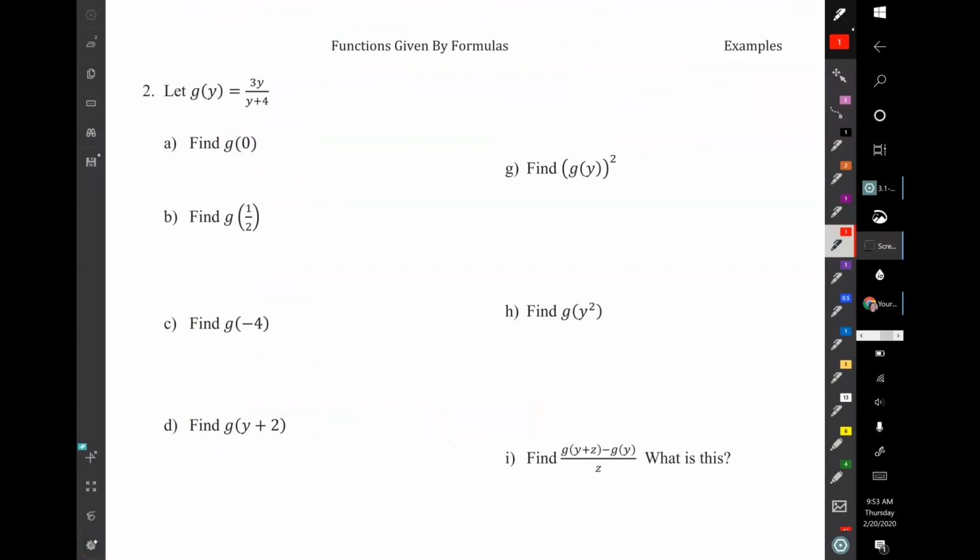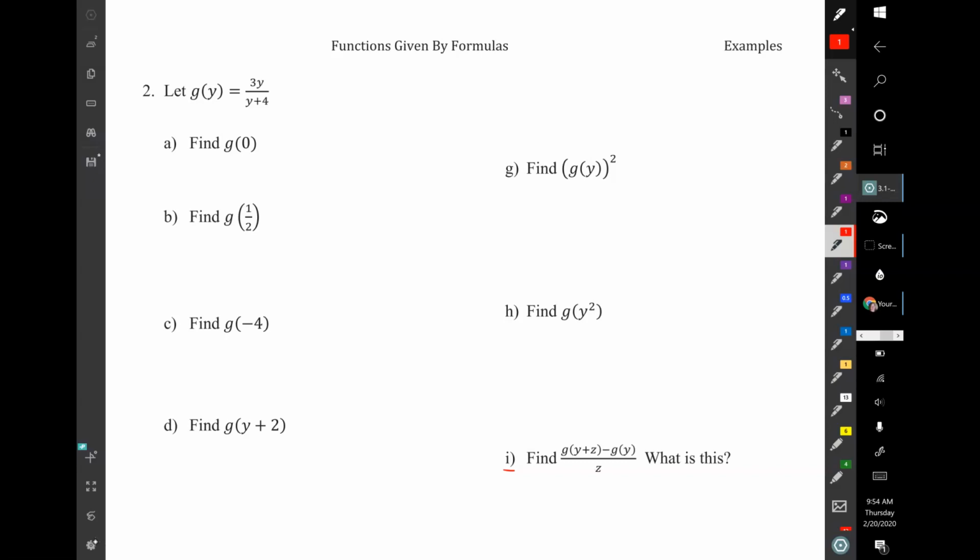Now these problems are definitely a bit trickier because we have the complex rational function here. Plugging in isn't so challenging as maybe using the difference quotient down here, like letter I. So I'm going to do some of these. I don't expect that you're going to do this.